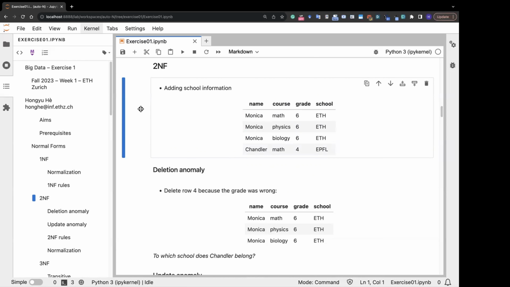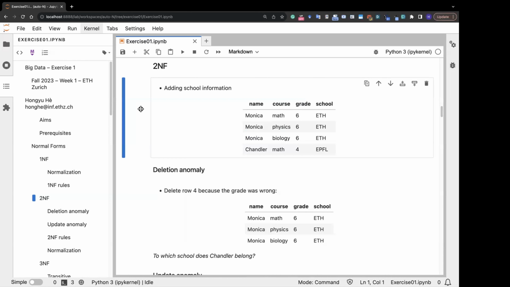Yeah. So if we assume that ACID holds for this, would an update anomaly be just that we have to update 3 rows when we change the school, or we maybe forget to update 1? That's like the user error. Yeah, that's a good point. So if that property holds, then you wouldn't worry about that, because that would be a single commit.